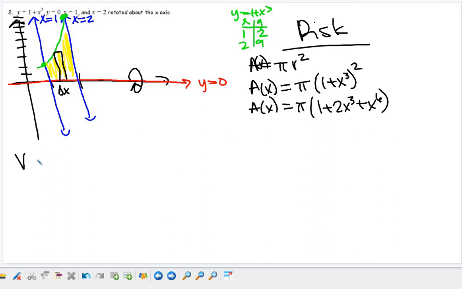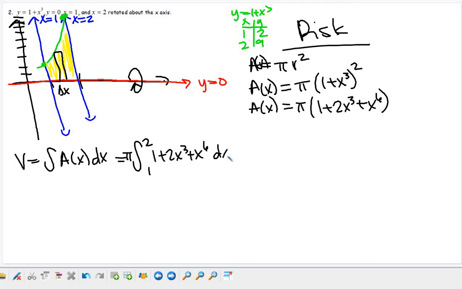Okay. And volume is the integral of area. And if my function is in terms of x, then I'm going to put my pi on the outside. If my function is in terms of x, my bounds have to be in terms of x, which would be 1 to 2 of 1 plus 2x cubed plus x to the 6th dx.